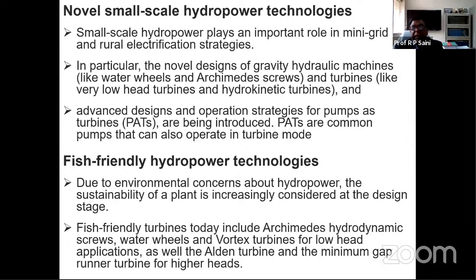If the water comes from a higher level, only then will they operate. I discussed canal-based conventional hydro turbines, where if the head is available, maybe 5, 10 or 8 meters, only then are conventional turbines feasible.